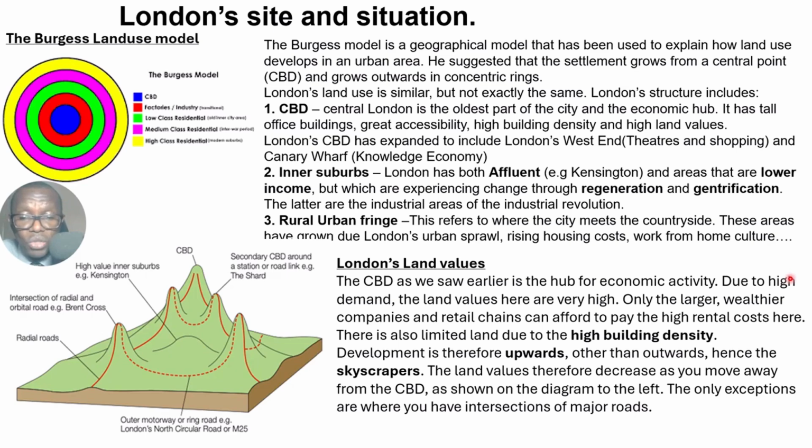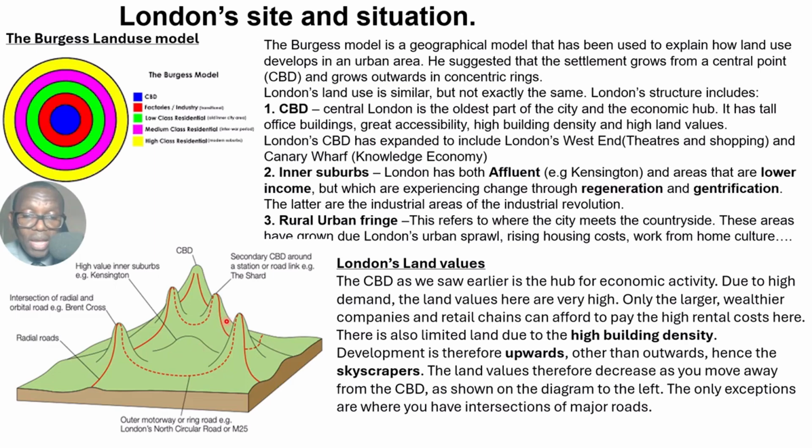Since there's such a shortage of land, you're better off building upwards other than outwards. Now the land values will decrease as you move away from the CBD, as you can see here. So these are lower peaks as you go further away from the CBD. Although having said that, these are substantially higher than other areas which have got lower land values.